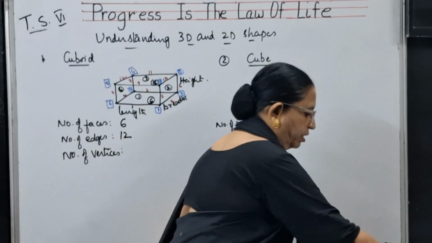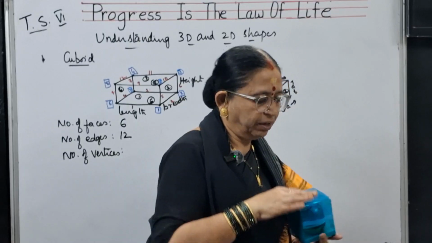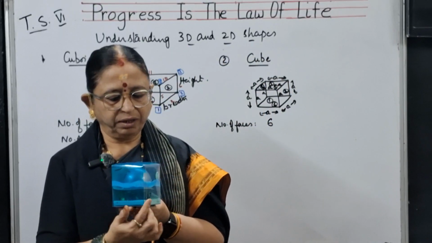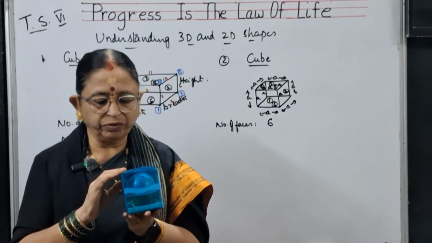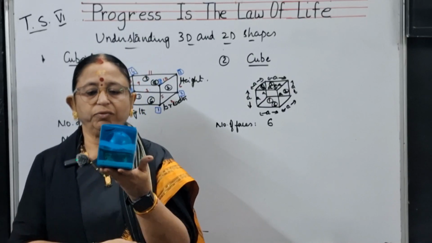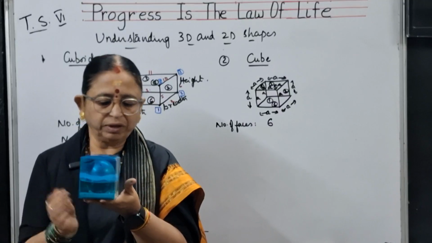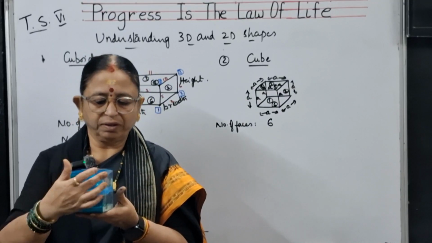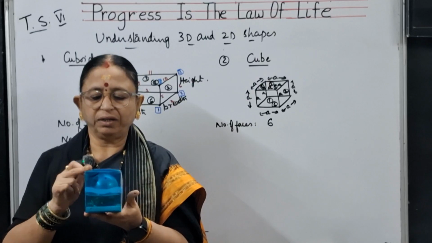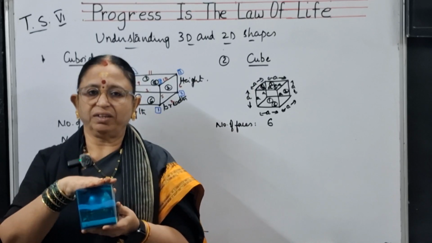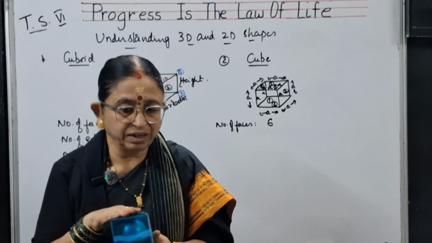So let me take it. You can take this structure as an example, children. Here, we don't call them length, breadth and height anymore. We will be calling it side. 1, 2, 3, 4, 5, 6, 7, 8, 9, 10, 11, 12 edges are there, just like that of a rectangle.